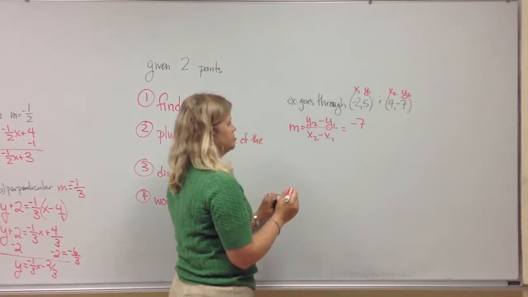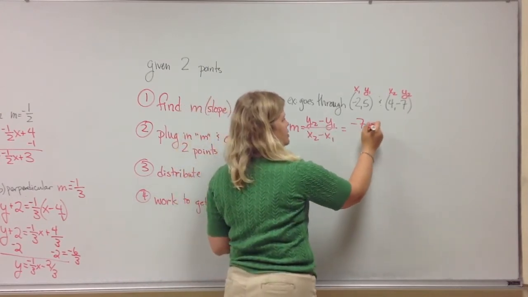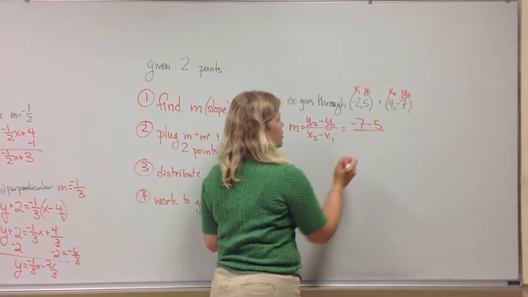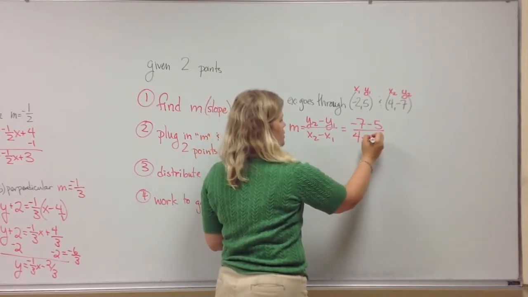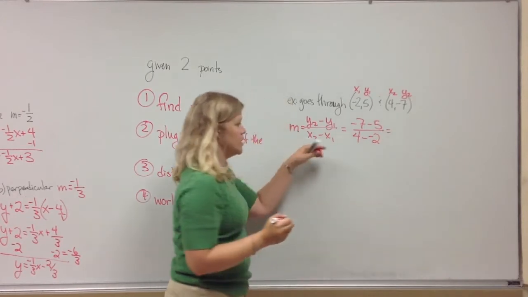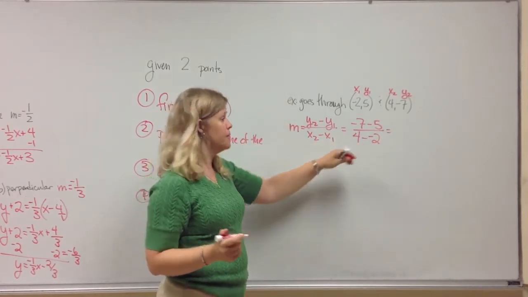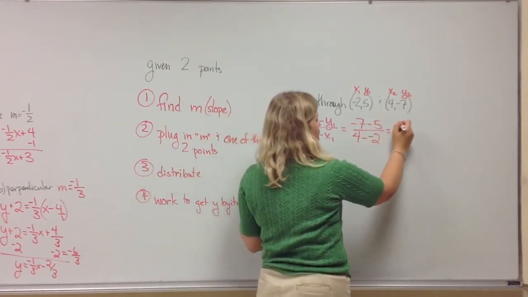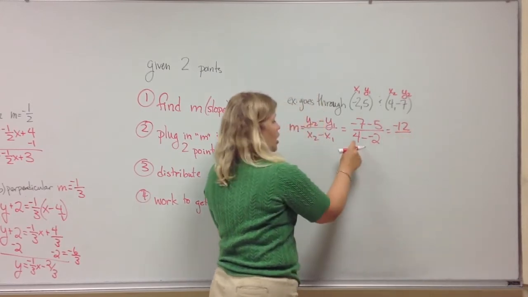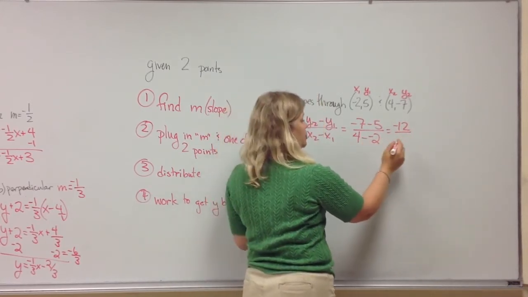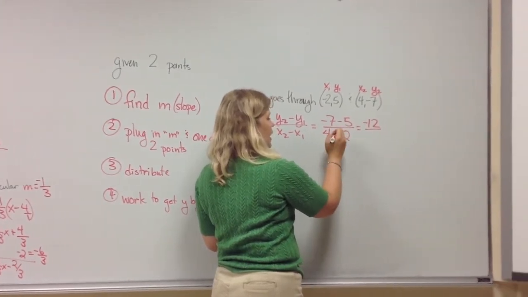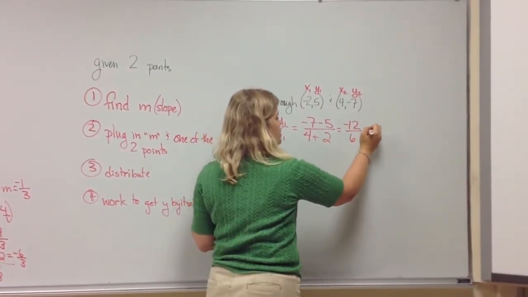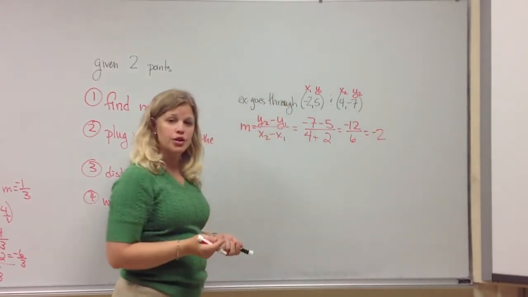Negative 7 minus y1, 5, all over 4 minus a negative 2. Good. Everybody see how we've plugged them in? So negative 7 minus 5 is negative 12. 4 plus 2, and see how that gets confusing, but because it's minus a negative, that's like adding. 4 plus 2 is 6, so your slope is negative 2.